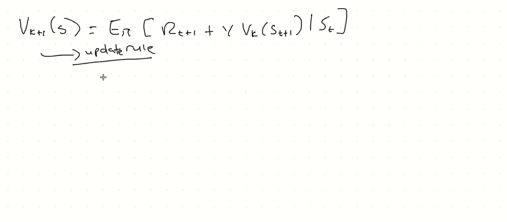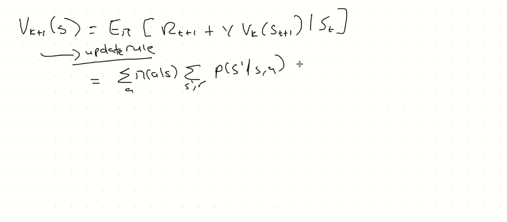We can also represent it as the summation over a of pi(a given s), summation over s prime comma r of the probability of s prime given s comma a, our transition probability, times r plus gamma v_k of s prime. So again, in this formulation, the value of v_{k+1} now depends on the value of v_k.